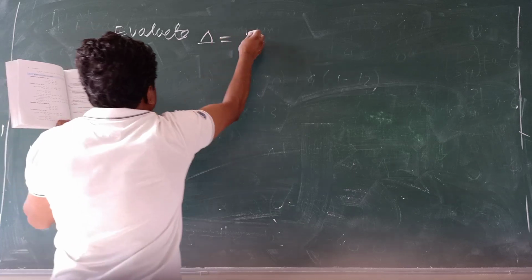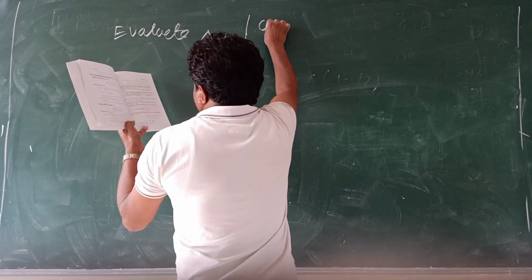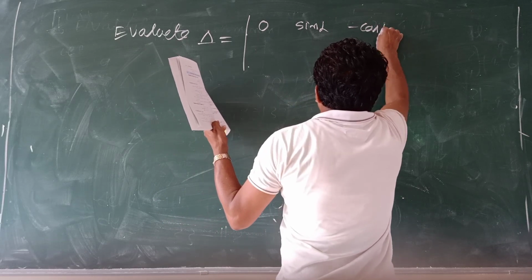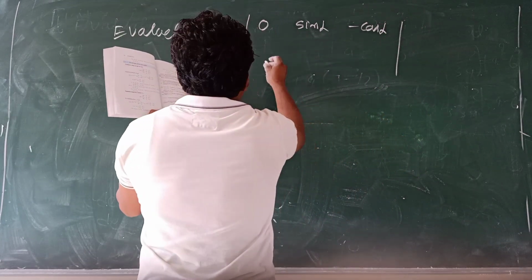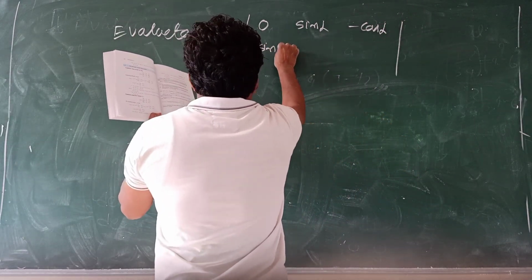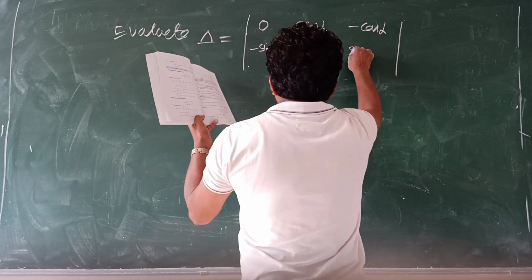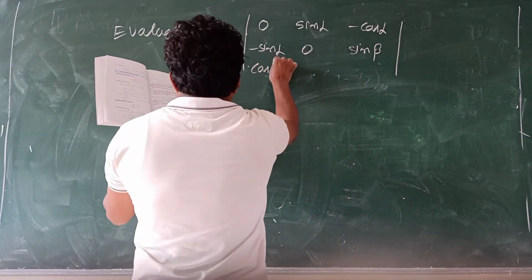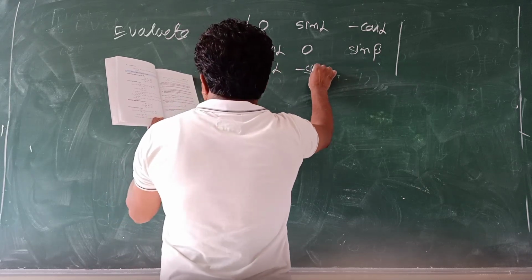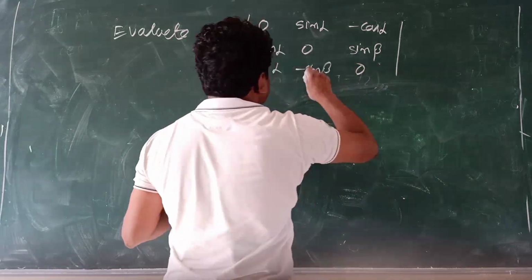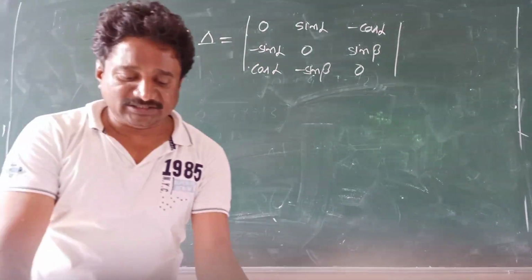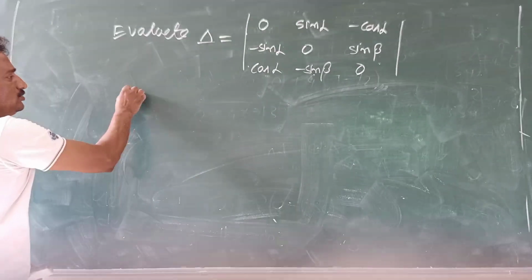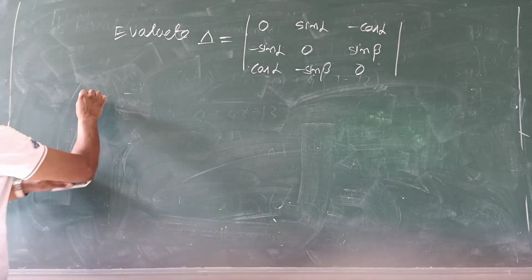Delta equals |0 sin alpha -cos alpha; -sin alpha 0 sin beta; cos alpha -sin beta 0|. Is it determinant or matrix? Determinant means you can go for expanding that.